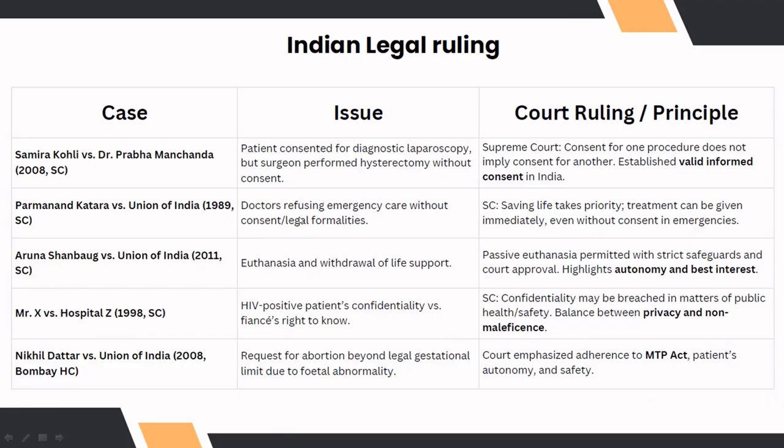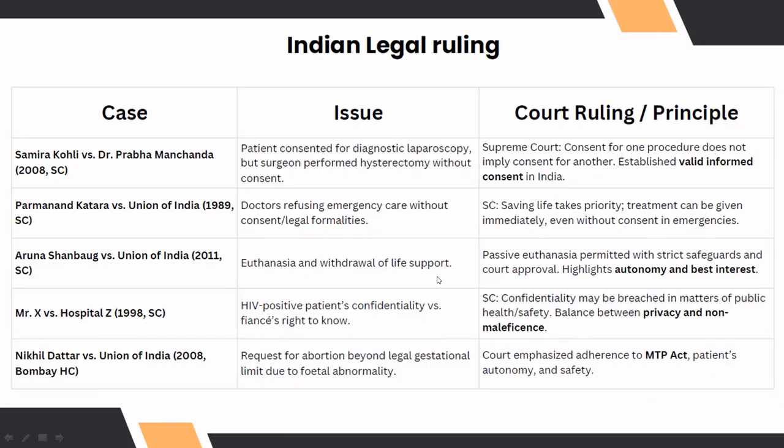Another case where doctors refuse emergency care without consent, which is not actually the law. The law is that beneficence takes precedence over consent, and this is where the Supreme Court ruling was that saving life takes priority even without consent in emergencies.